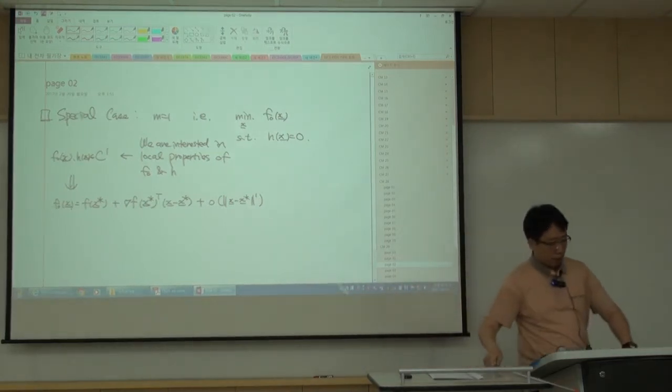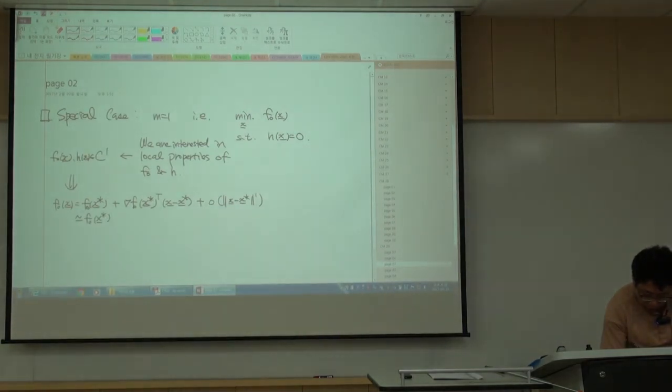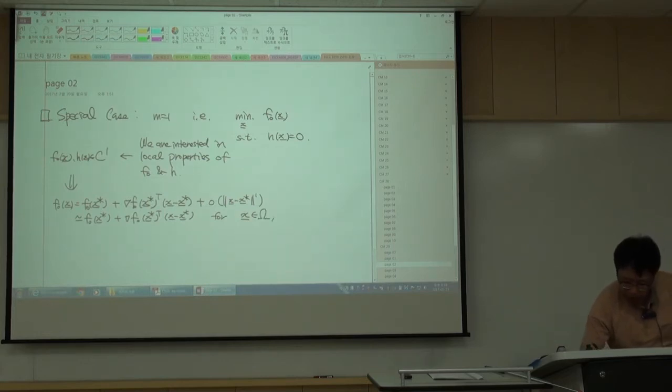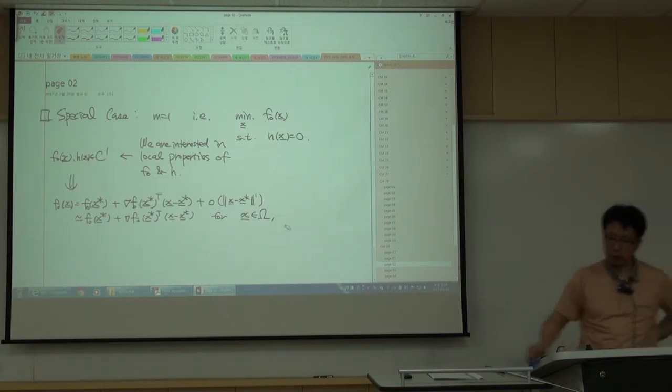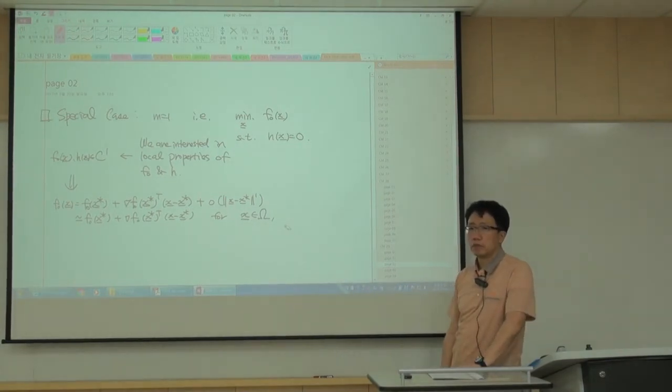Got it? So we can approximate this function like this for x in omega, the constraint set, right?